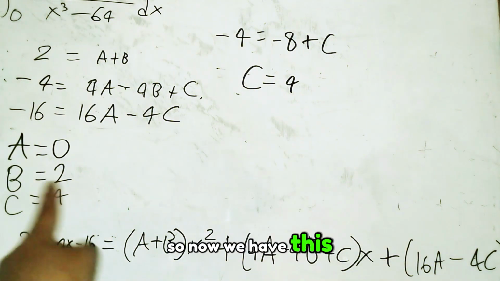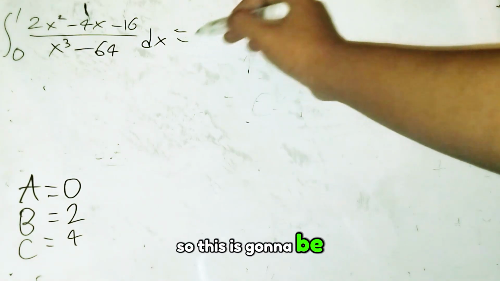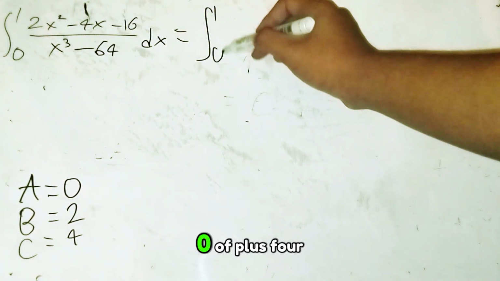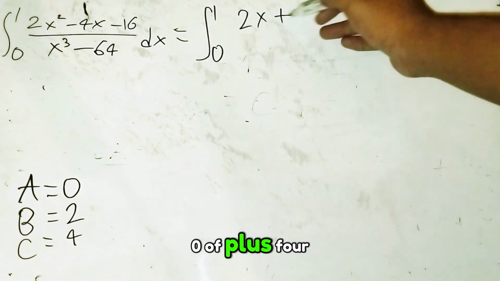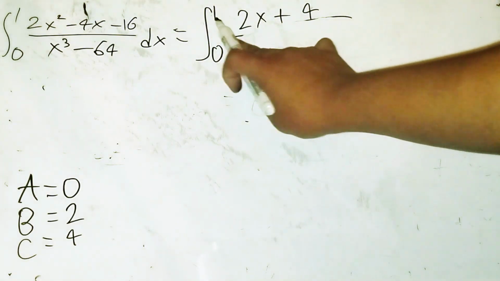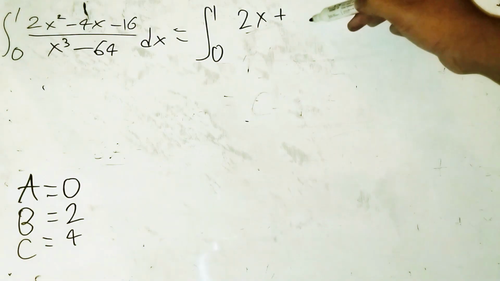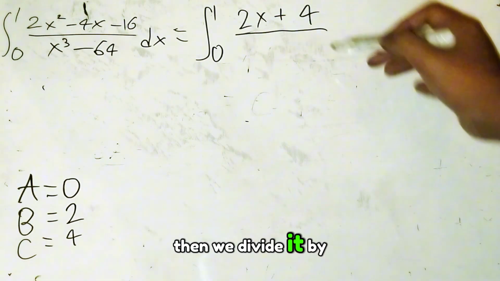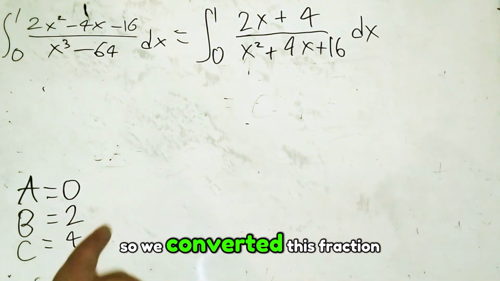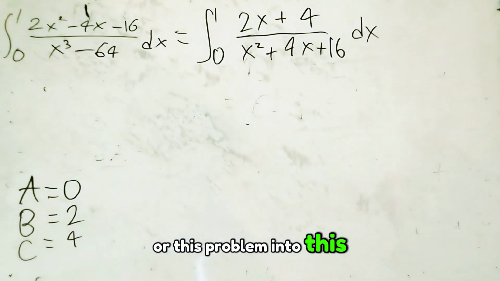So now we have this one, which is bx plus c. So this is gonna be the integral from 0 to 1 of 2x plus 4, divided by this. Okay, so we converted this fraction or this problem into this.